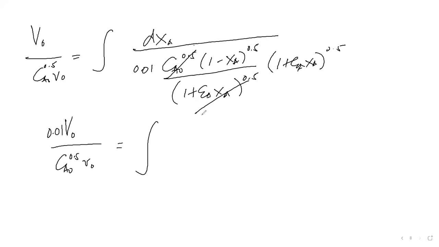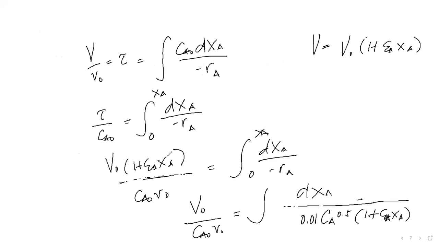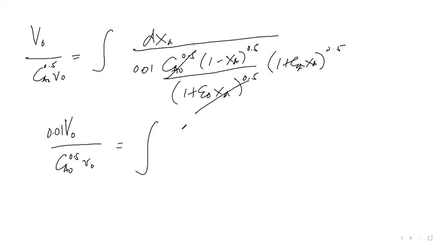Did I make a mistake in the rate expression? Wait, class. This goes here. So multiply. So you have dXA over, I'll place the constant here.